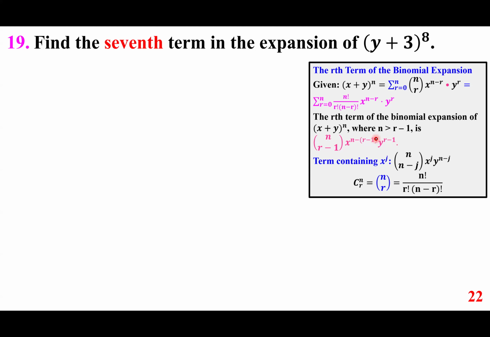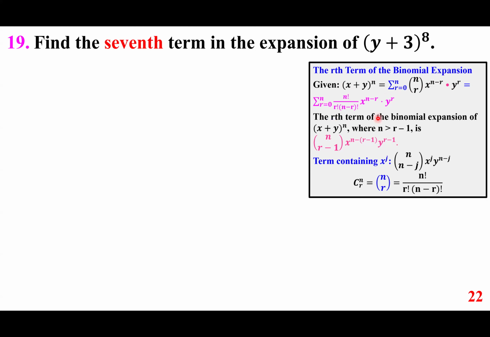But there are other ways to look at it. The rth term of the binomial expansion (x + y) to the power of n is the summation of r going from 0 to n of nCr x to the power of n minus r, y to the power of r, and nCr is n factorial over r factorial times n minus r factorial.